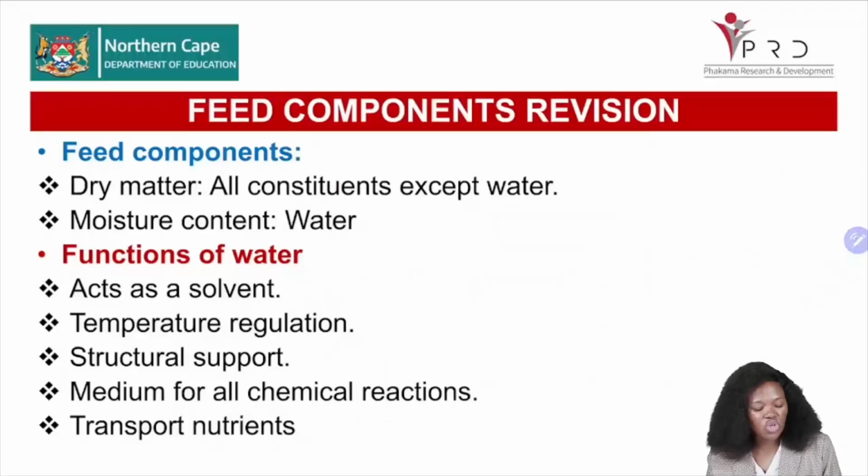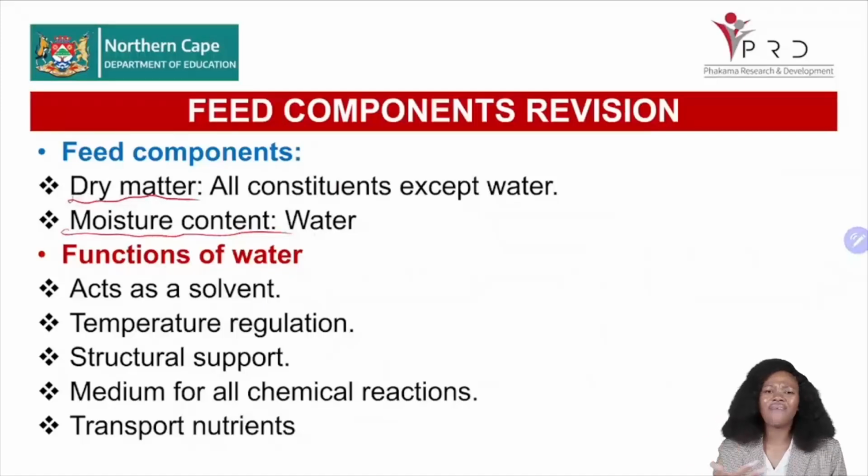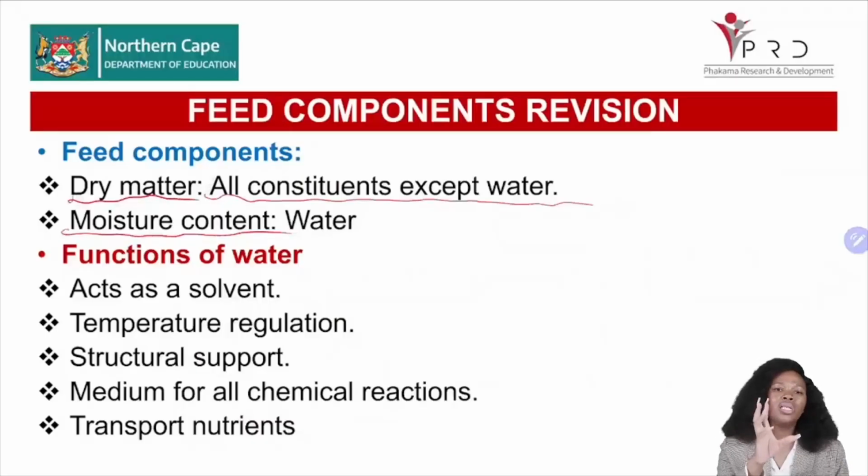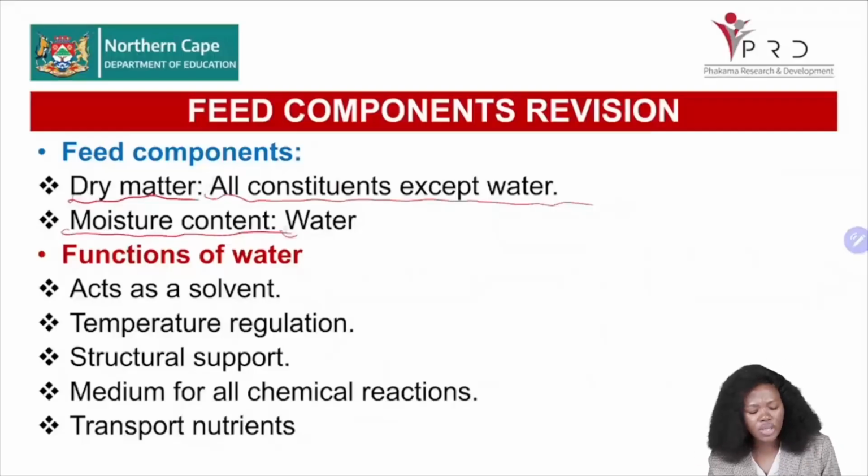One being the dry matter and the second being the moisture content. Dry matter is all constituents except water. Once water has been removed from the feed, you will be left with the dry matter. Another one is moisture content, another term for water.